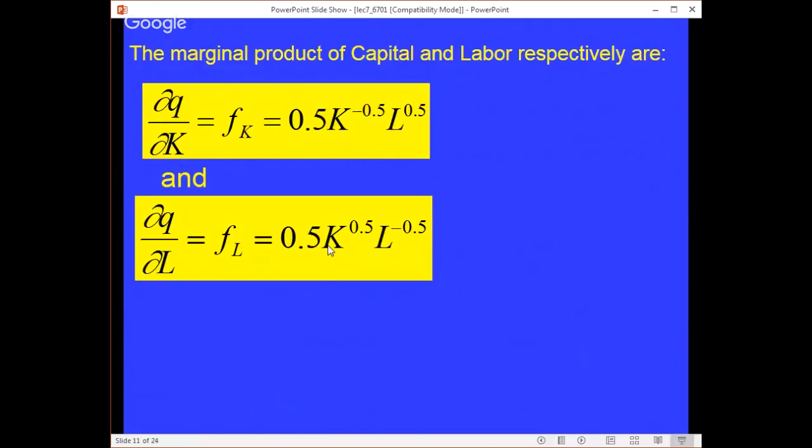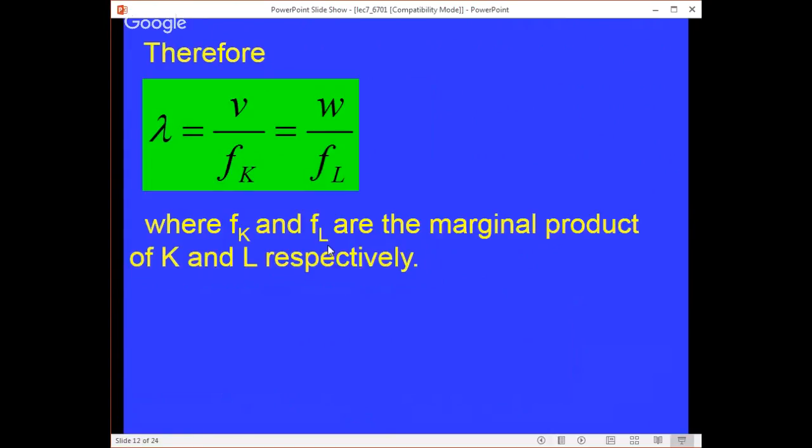And you see that that's exactly what's in our function for lambda. Okay, so I can rewrite lambda as V over the marginal product of capital, W over the marginal product of labor.